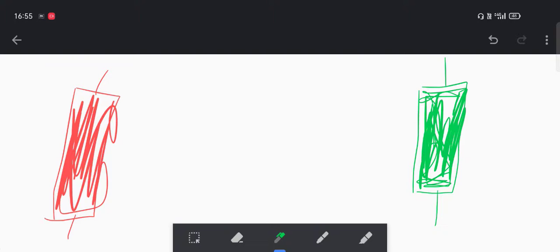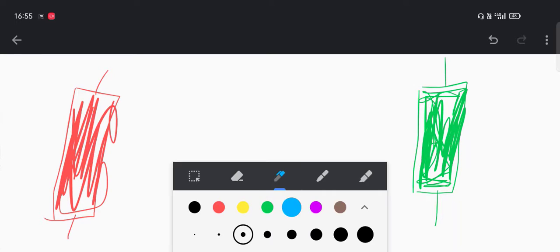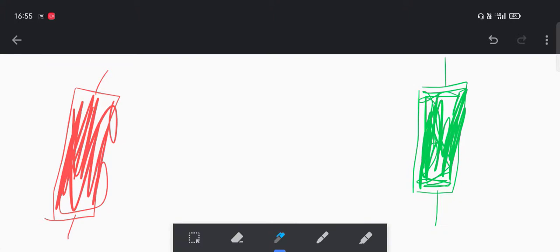So let's start with the bullish candle. This part is called the tail.